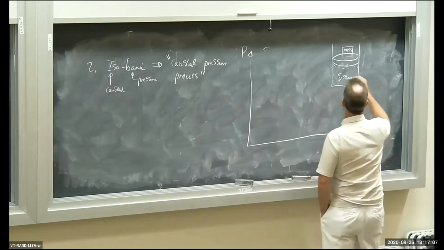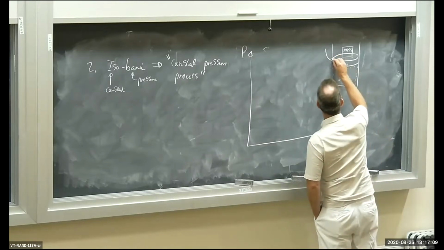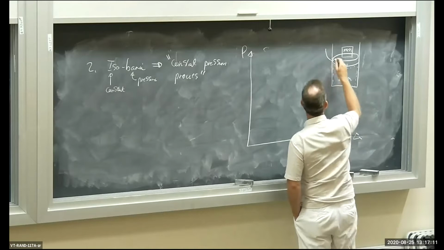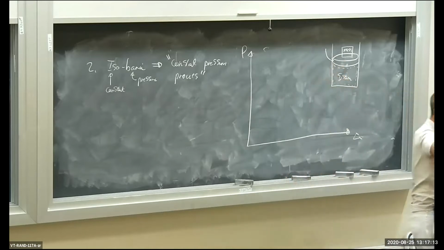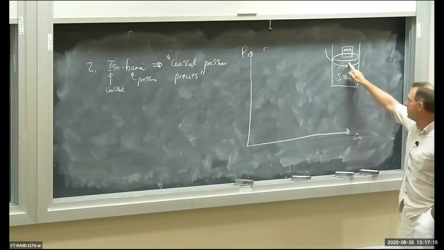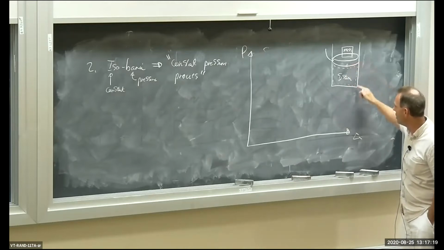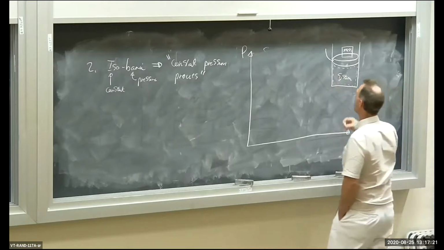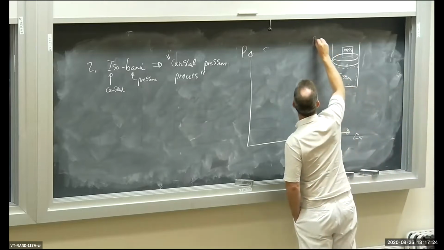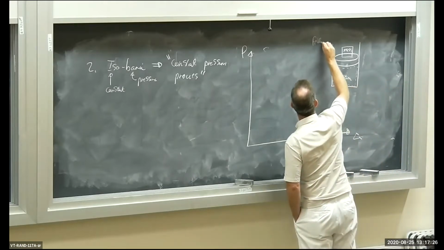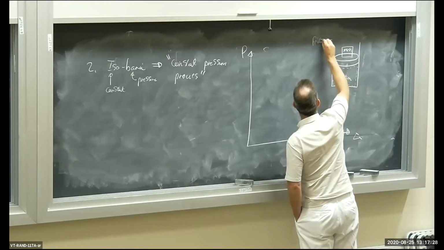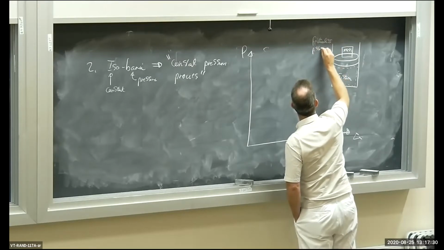And again, I haven't mentioned this yet, but I am assuming that the piston moves up and down freely. So here's the piston. I'm assuming the piston moves up and down freely in the cylinder. In other words, frictionless piston.